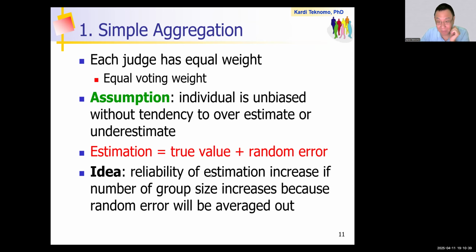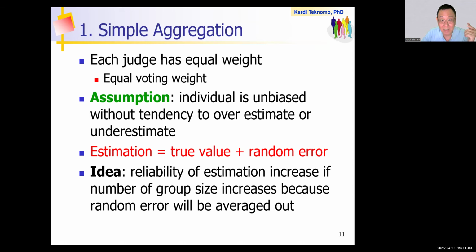They thought that if the group size increases, then the random errors average out, so the true value will reveal itself.